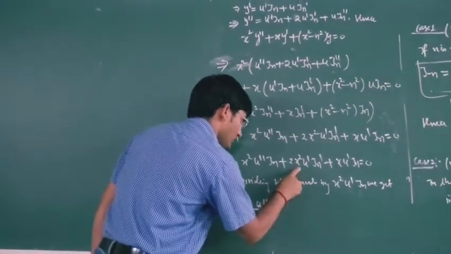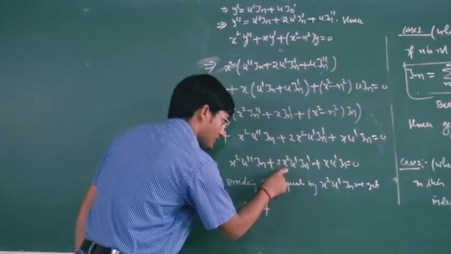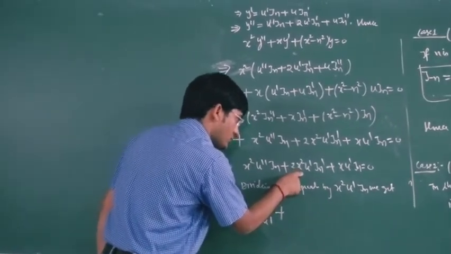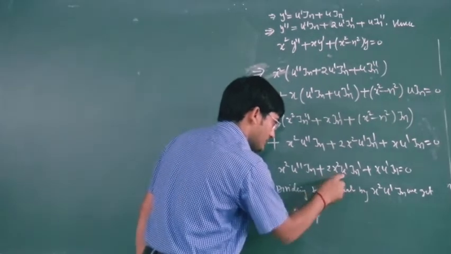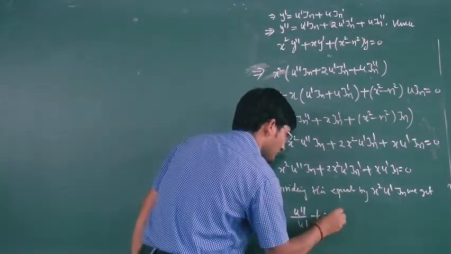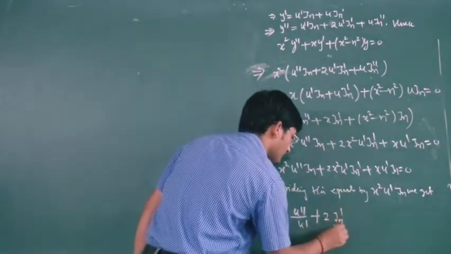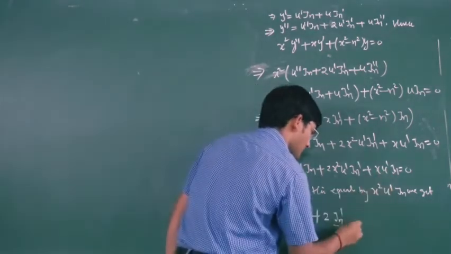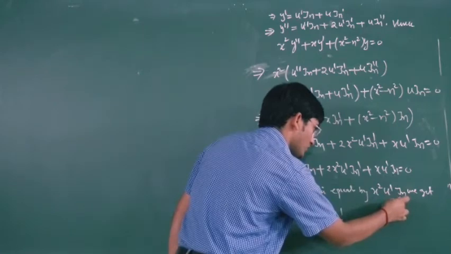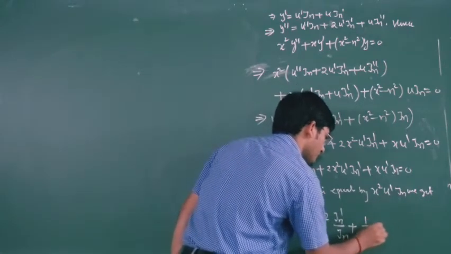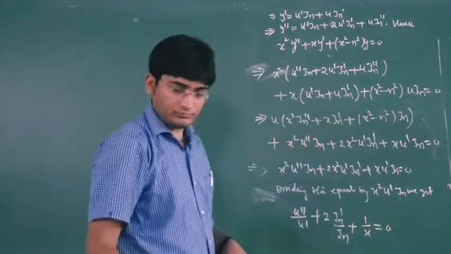Here we have divided by x square u dash Jn, so x square will cancel and u dash is cancelled, and we will have 2 Jn dash upon Jn. Now u dash is cancelled, Jn is cancelled, so we will have 1 by x. So this is equal to 0.